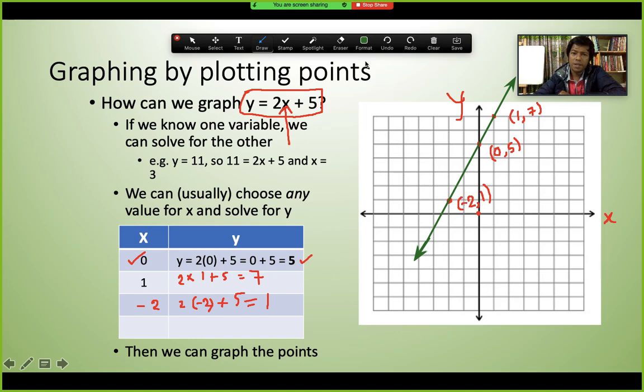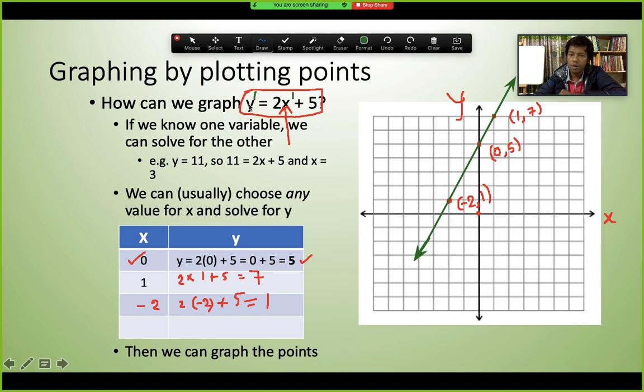Now in some other graph you may get a curve. How do I know that? I have to look at the equation. The idea is the power of x and y. What is the power of x here and what is the power of y here? Sorry, they are 1 and 1 here.